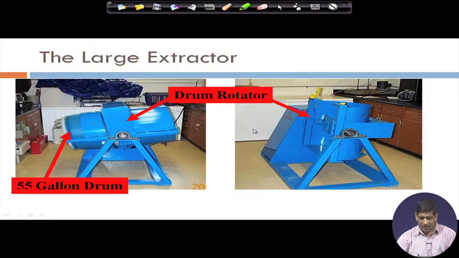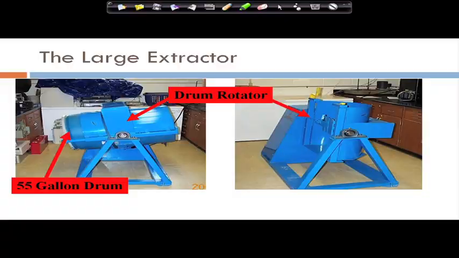Here we had a large extractor, which is a 55-gallon drum, and we put it in there. Then we had the rotation. The rotation was half of the standard TCLP rotation, because with that big drum it was difficult to rotate at 32 RPM, so it was 16 RPM. The testing was done to compare how the big drum compares with the small in terms of how RPM speed has an impact.